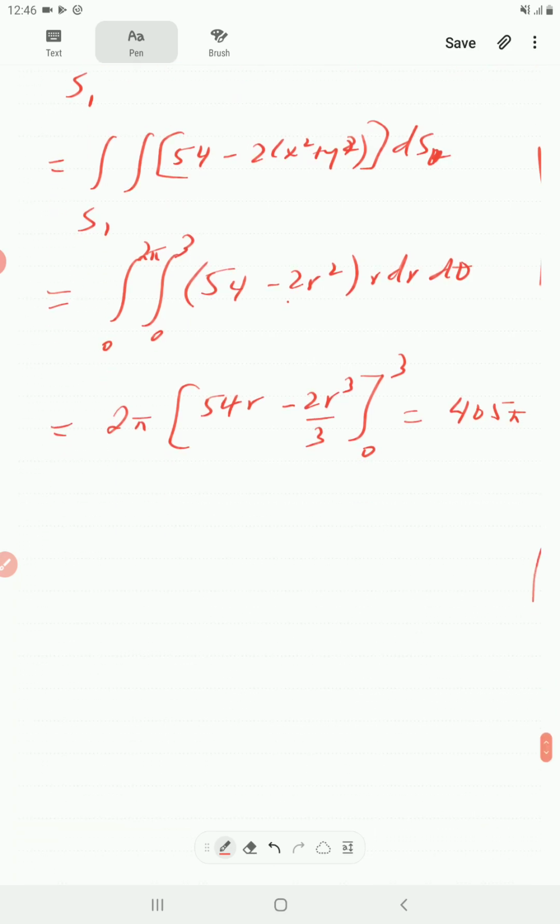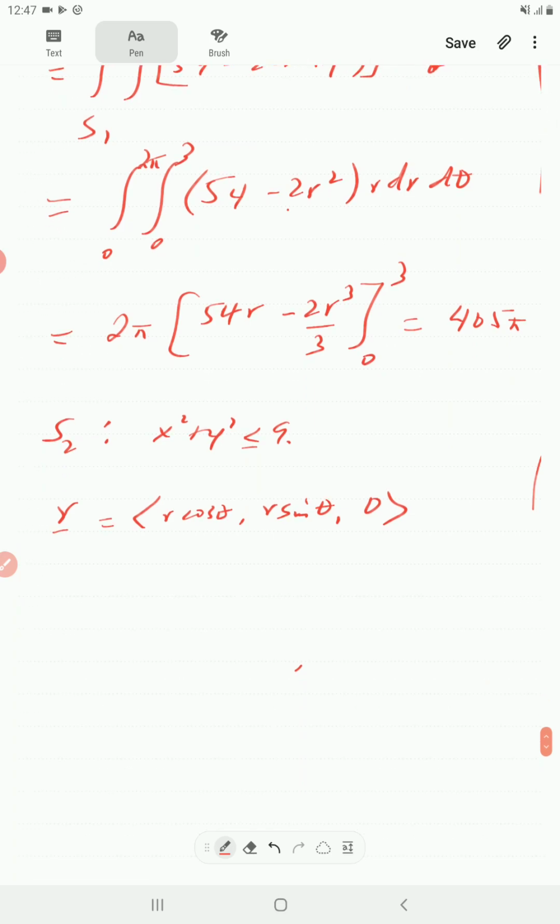The second surface is x squared plus y squared less than or equal to 9. So again we're going to parameterize that, and the parametrization is going to be r cosine theta, r sine theta, z equals 0 this time.